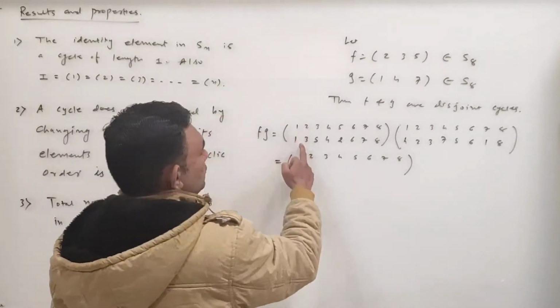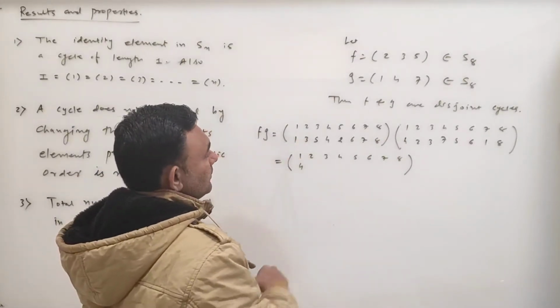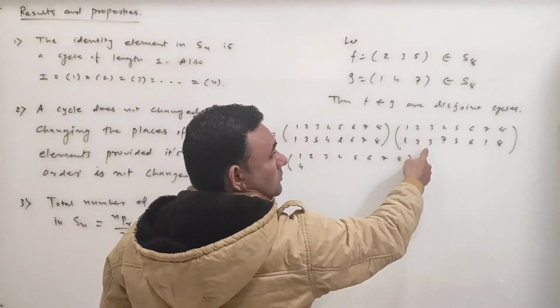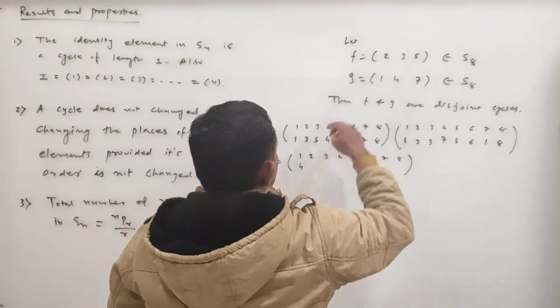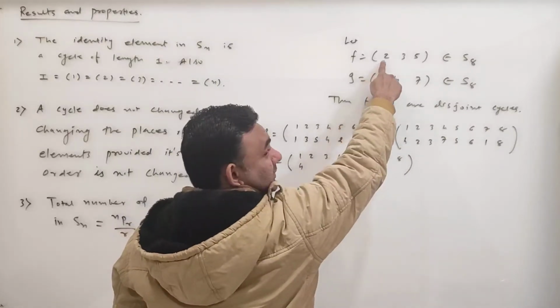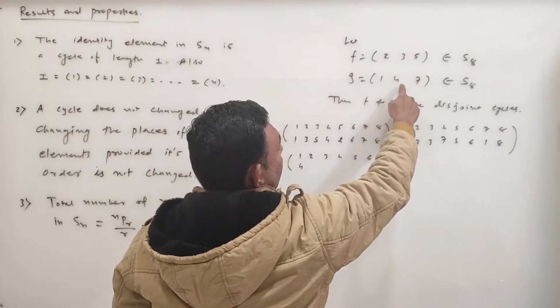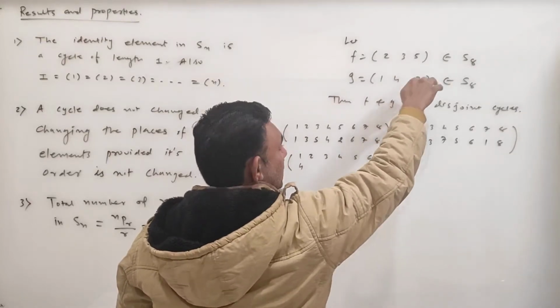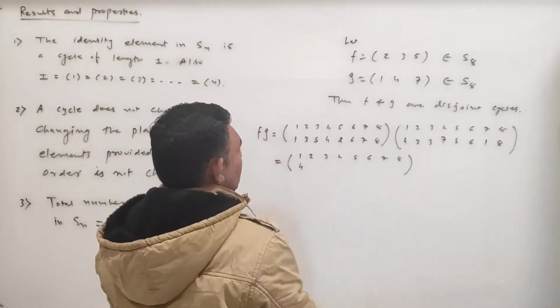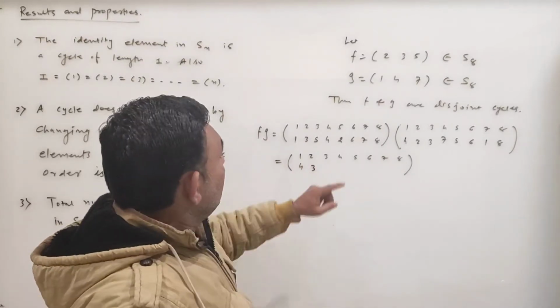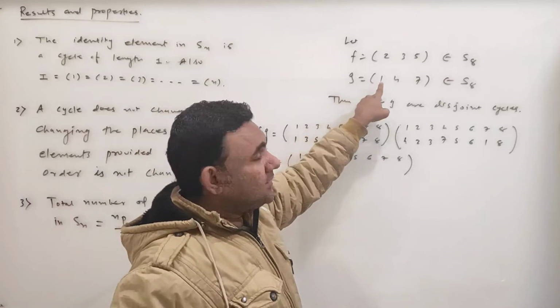Now 2 goes to 3, and 3 goes to 3. So here see, 2 is present, so 2 goes to 3, and here 3 is absent in g, so 3 goes to 3. So 2 goes to 3. So ultimately, see, here 1 is present in g.